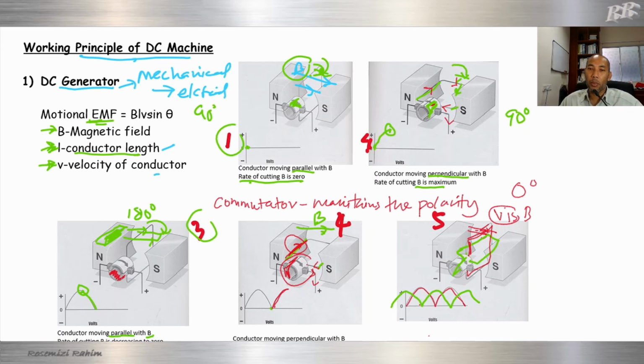So what happened? We can see that the total generated EMF will be like this, a combination of both. This one we call rectified DC voltage.